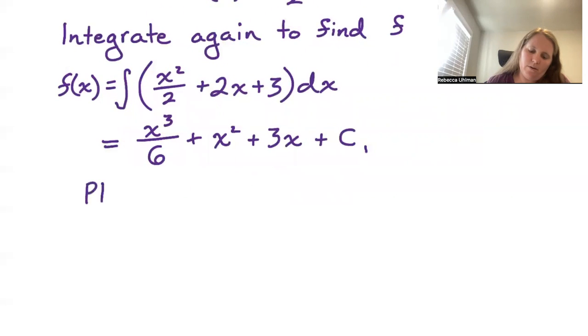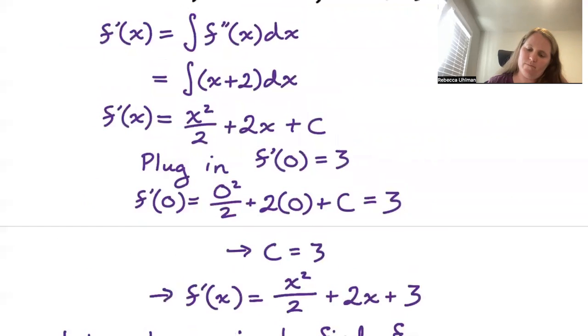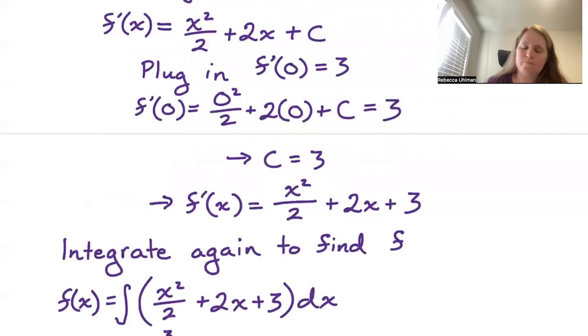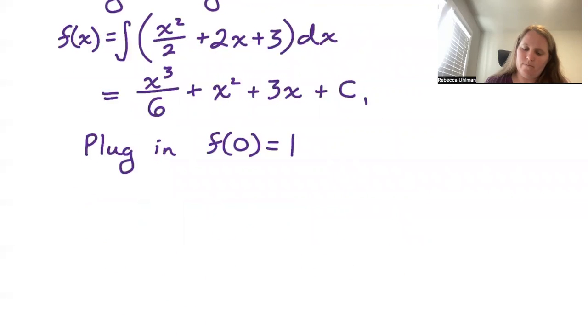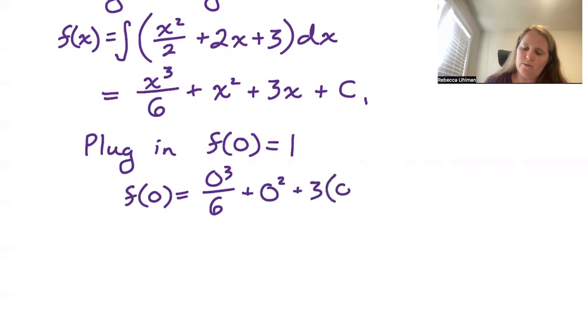Again, we'll go ahead and plug in f of 0 equals 1. So we have f of 0 is 0 cubed over 6 plus 0 squared plus 3 times 0 plus c1 should be equal to 1.